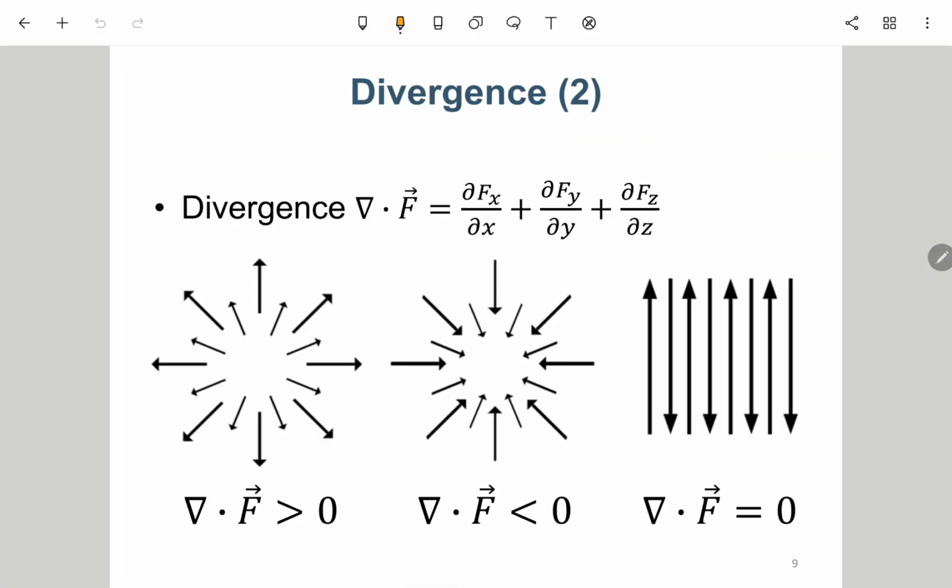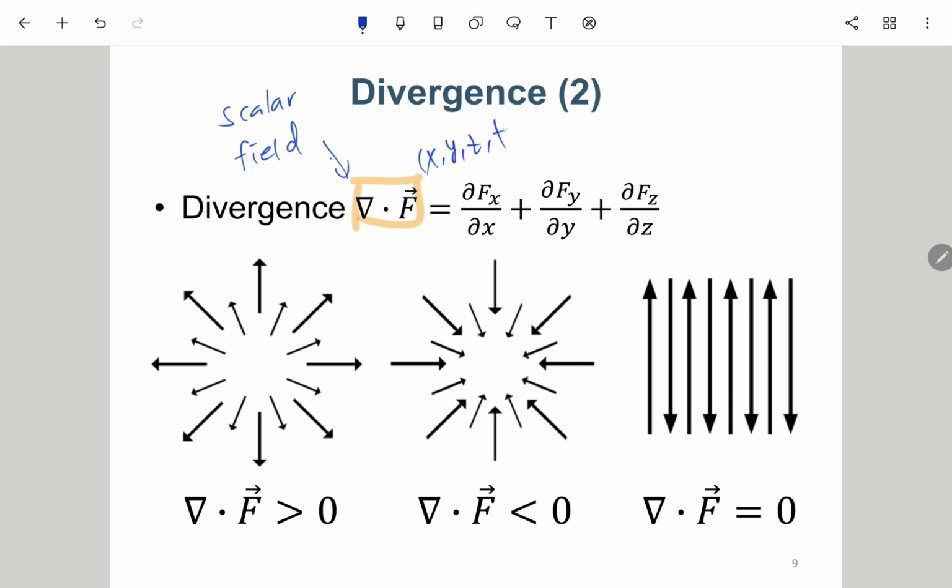So what does it mean for the divergence of F? If the divergence of F, just as I mentioned, is a scalar field, what does a scalar field mean? It means that it has a value. It can be a function of x, y, z, and t.